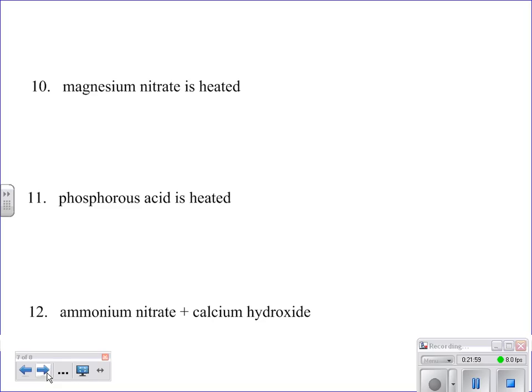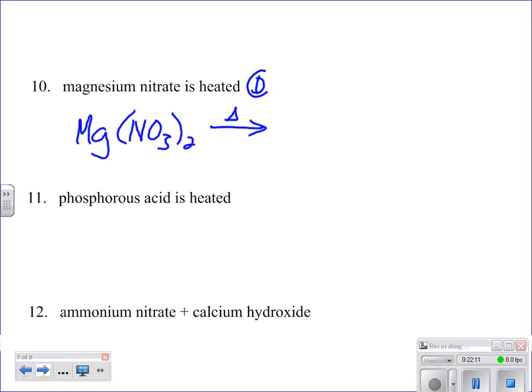Okay, so the next one we have is magnesium nitrate is heated. Mg(NO3)2. It is heated, so decomposition reaction. What happens to those metal nitrates? They break down to form metal nitrites plus oxygen, number 2.